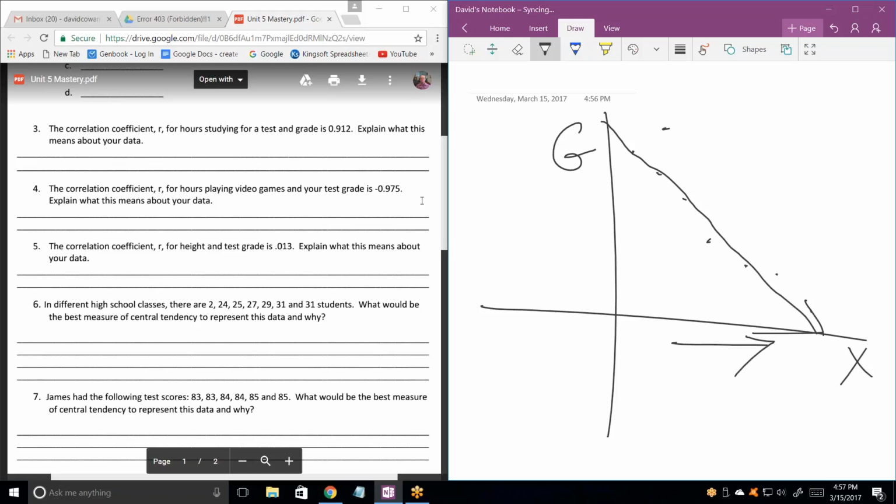Well, if I had a bunch of dots that were absolutely in a line, that would have a negative 1 R. It would still mean the same thing: the more video games you play, the worse your grade's going to be. It would just be more predictive. If it was an R of negative 1, it would be absolutely exact. This is almost exact, but not quite.